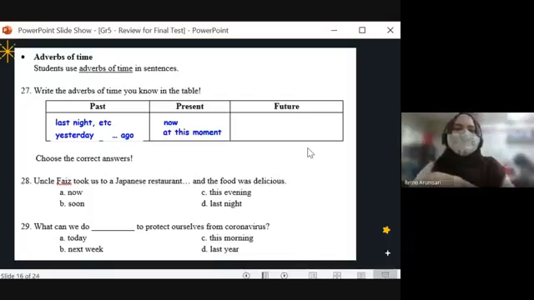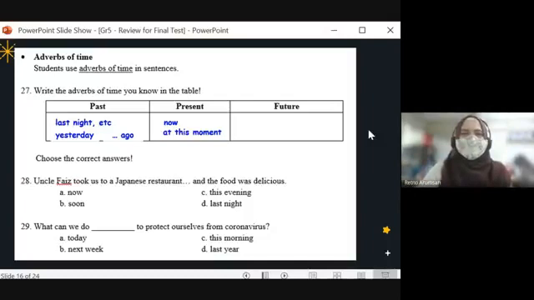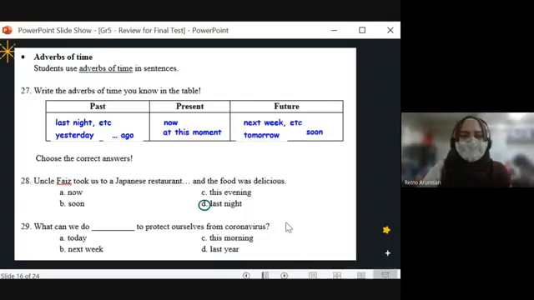The one that starts with S. Soon. Oh, yeah, I forgot to put later here. Okay. Next week, next month, next year, tomorrow, soon, later. Yeah. Okay.